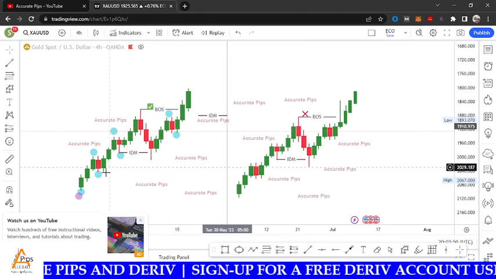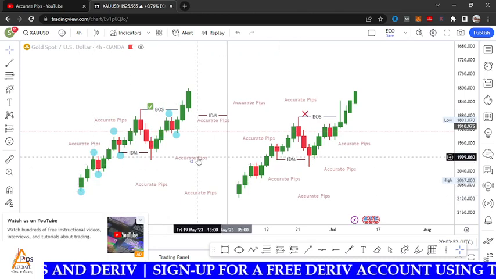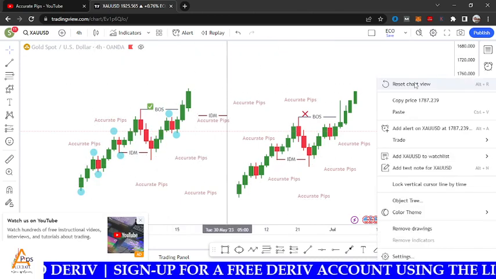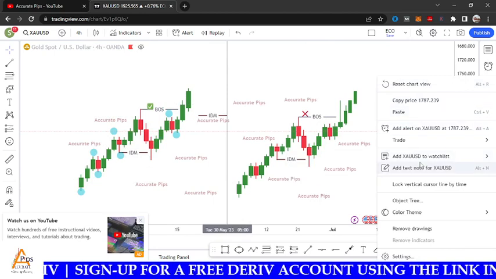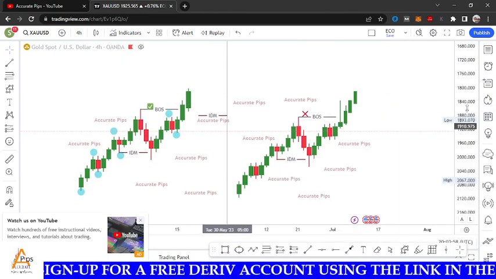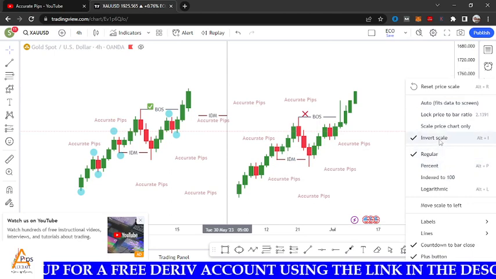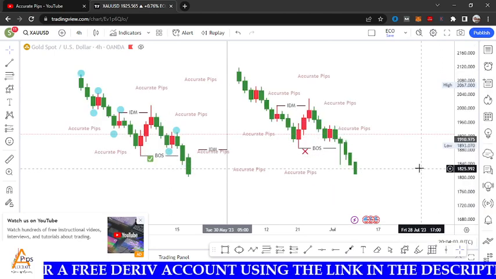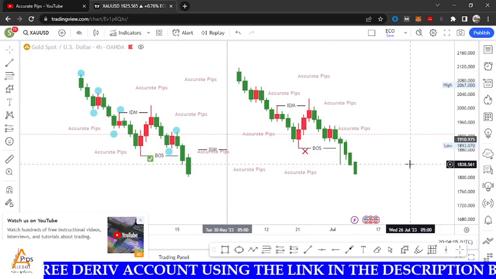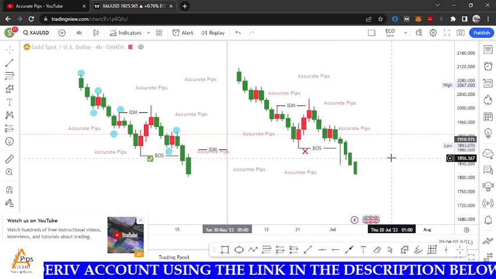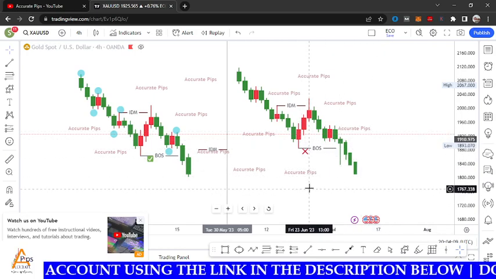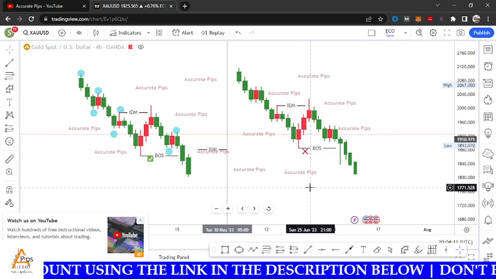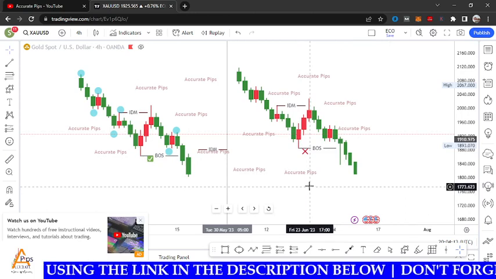Now, note that whatever I'm going to say for the bearish move is just the opposite of what we are looking at in terms of the bullish move.